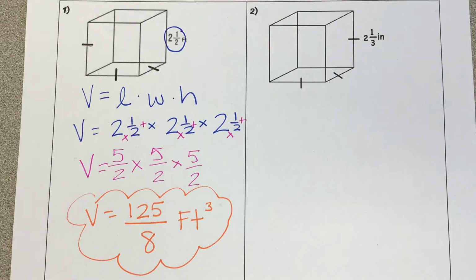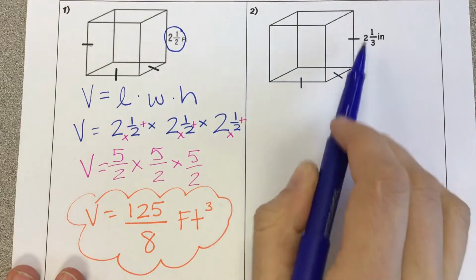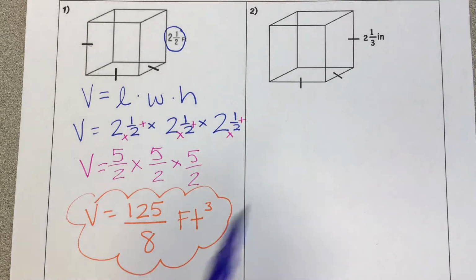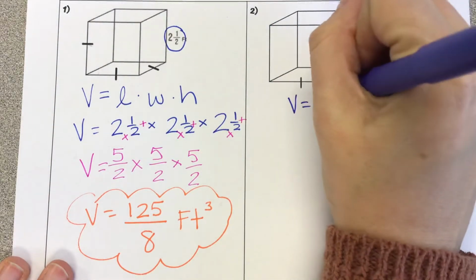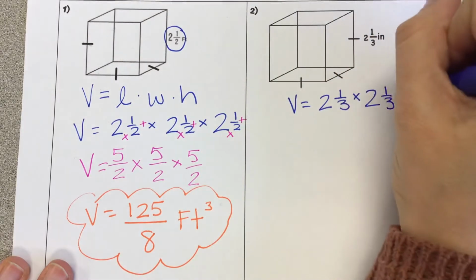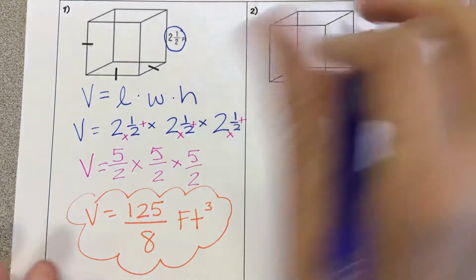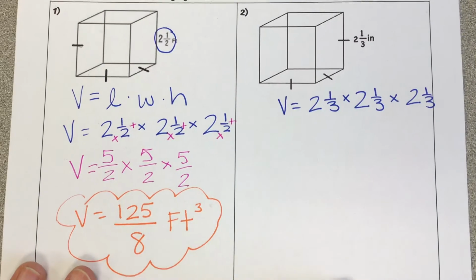So let's look at number 2. Same thing. I see these tick marks. That means 1, 2, 3. All 3 dimensions are the same length of 2 1/3. So I'm plugging in my length of 2 1/3 times my width of 2 1/3 times my height of 2 1/3. Converting to improper fractions.